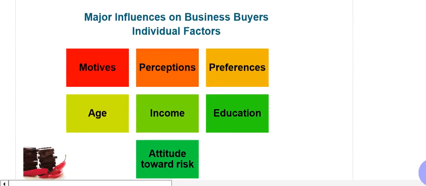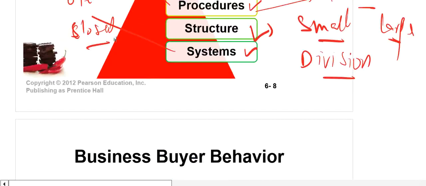Individual factors means the people in the organization, the individuals who are the participants of the decision making, and their individual factors will also be considered in order to take the decisions. These are very important factors, and we will continue with them in the next video, as this video is going to finish.